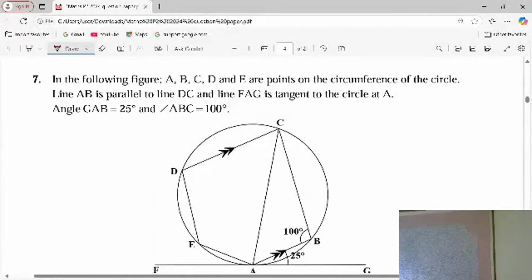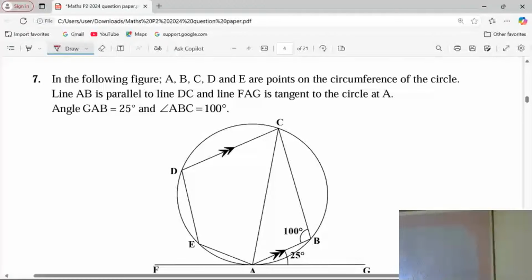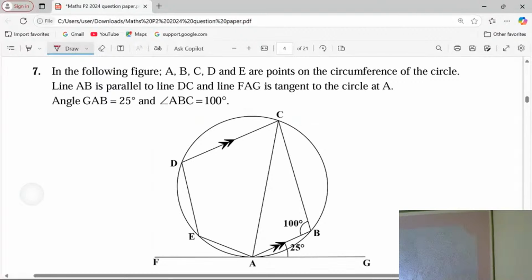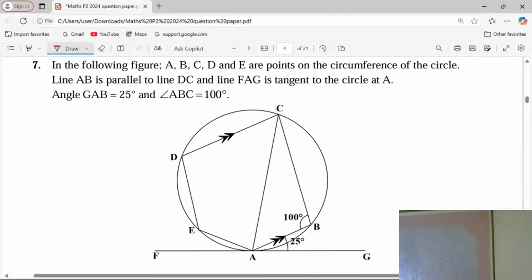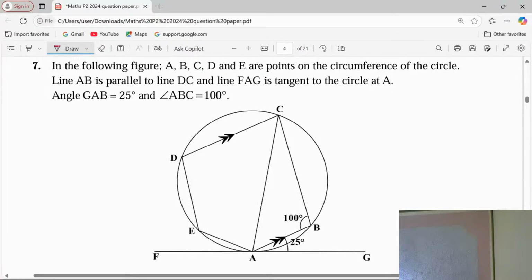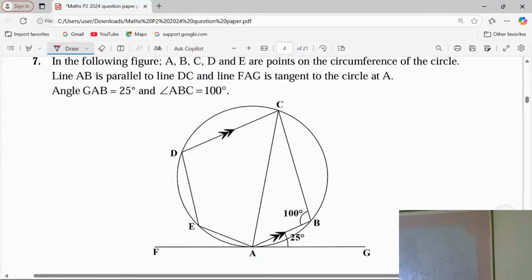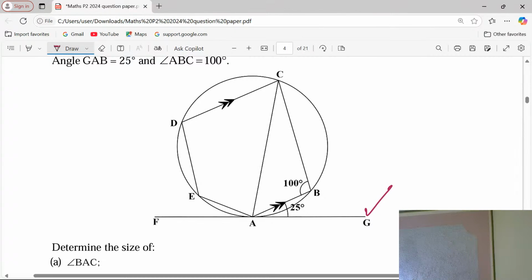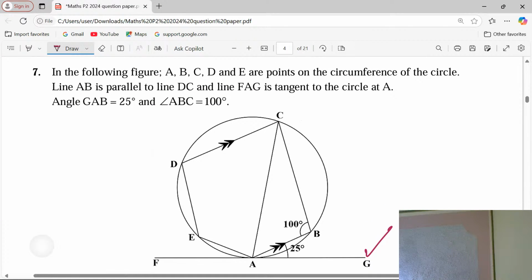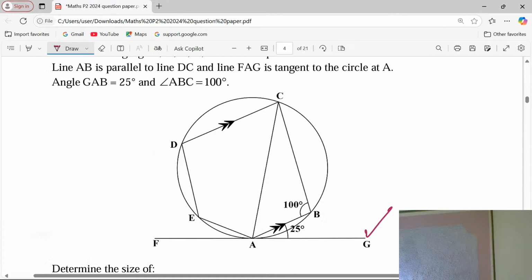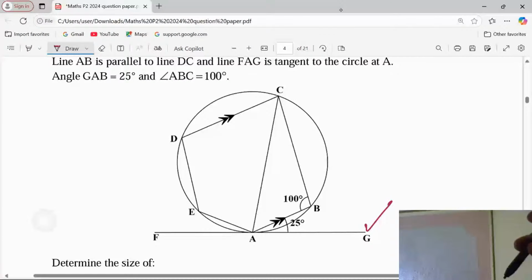Next, a question on angle properties of a circle and also chords and tangents, where we are told that in the following figure, A, B, C, D, and E are points on the circumference of the circle. Line AB is parallel to DC, and line FAG is a tangent to the circle at point A. As we can see, the angle 25 is already indicated.